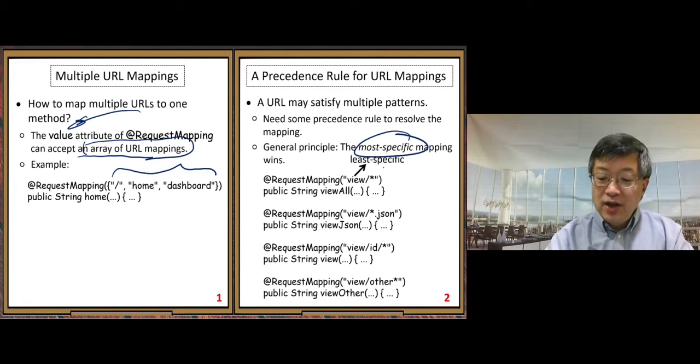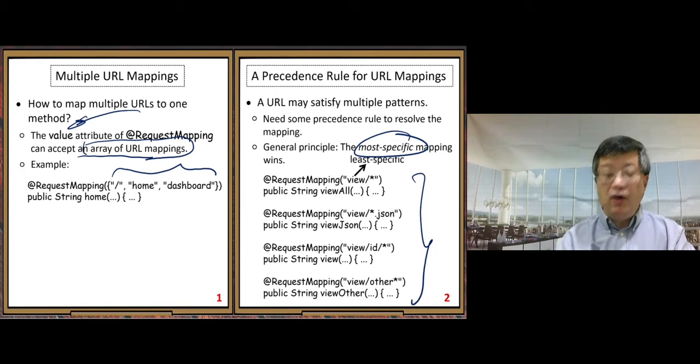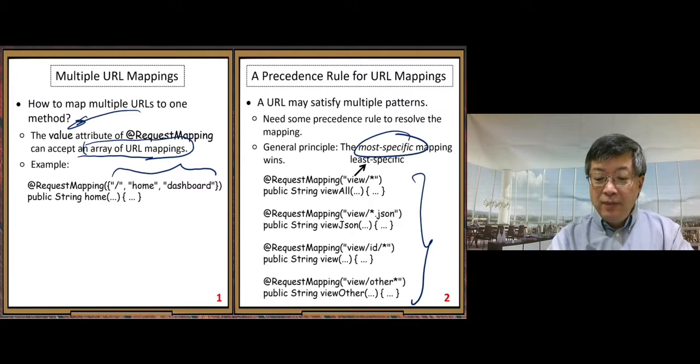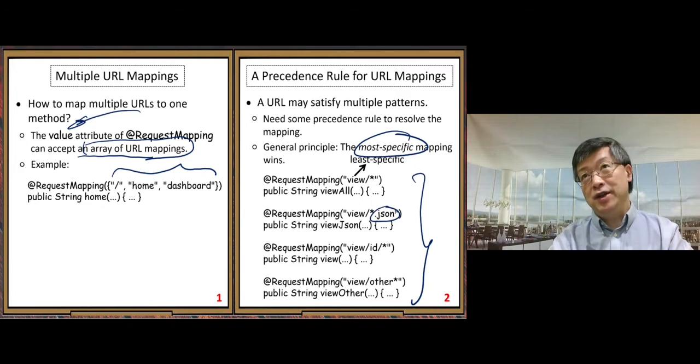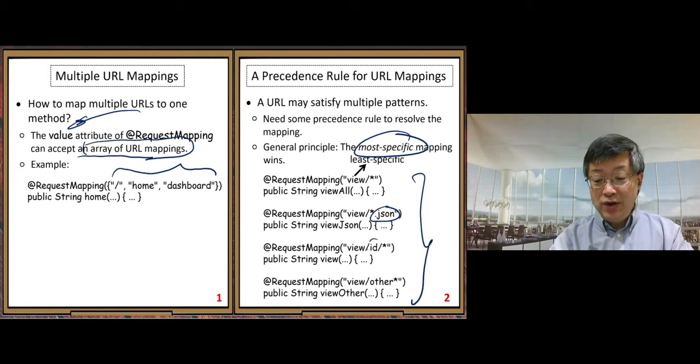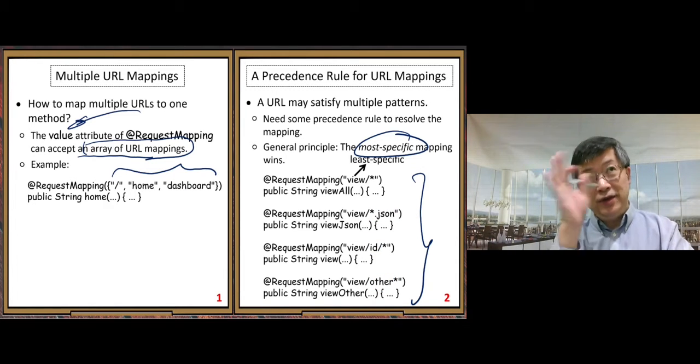So this is the least specific among all the patterns here. Because the second one, you have more specific information, right? .json, more specific information. This one you have ID, so more specific. The others have more specific parts, but that one is least specific. So you get the idea here.